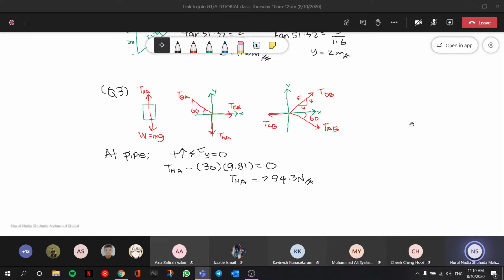So we get our first force. TH is pointing upwards, so it's positive, and we minus the weight of the pipe. W equal to mg. m is 30 kg given in the questions, and g is 9.81 because this is the constant for gravity.